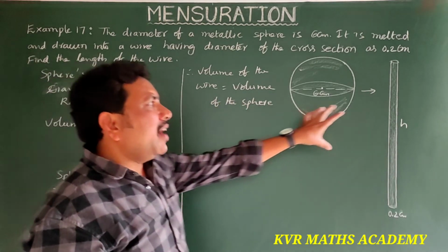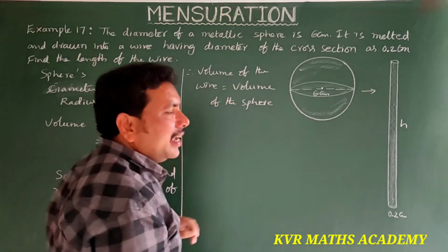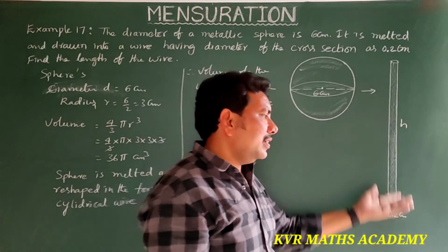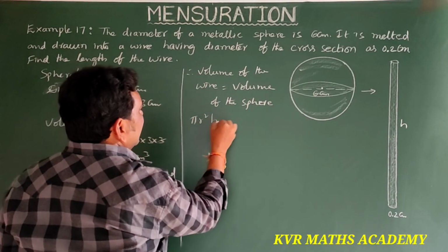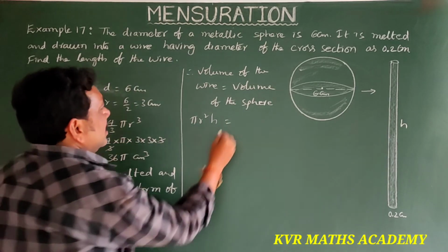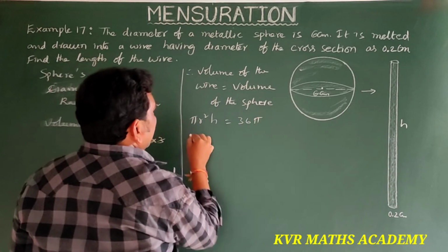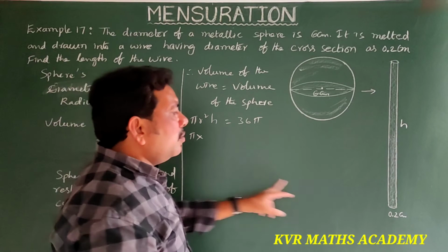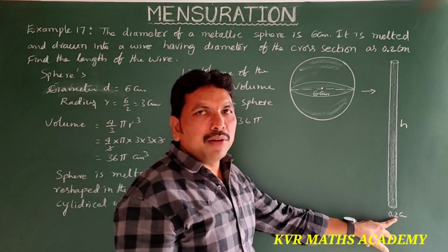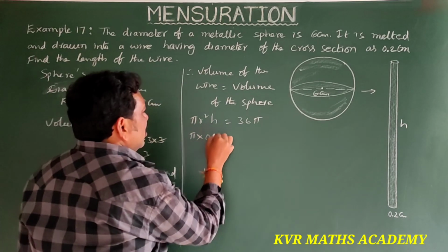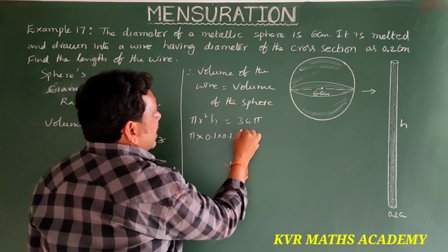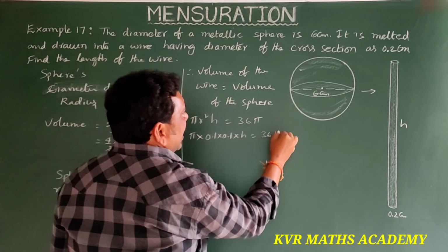So the volume of the wire is pi r square h, because it is in the shape of a cylinder. So pi r square h is equal to 36 pi. Here pi into radius: the diameter is 0.2 centimeters, so the radius will be 0.1. 0.1 into 0.1 into height is equal to 36 pi.